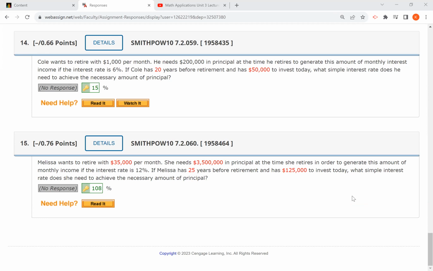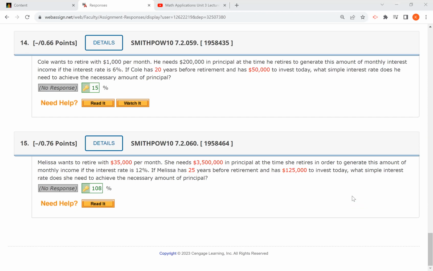He needs $200,000 in principal at the time he retires to generate this amount of monthly interest income if the interest rate is 6%. If Cole has 20 years before retirement and has $50,000 to invest today, what simple interest rate does he need to achieve the necessary amount of principal?